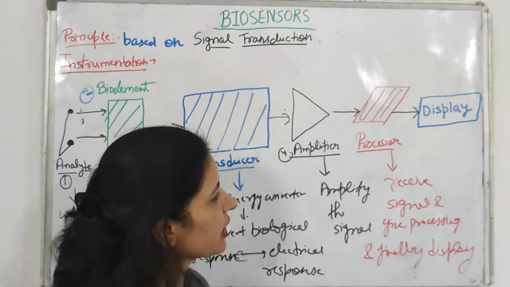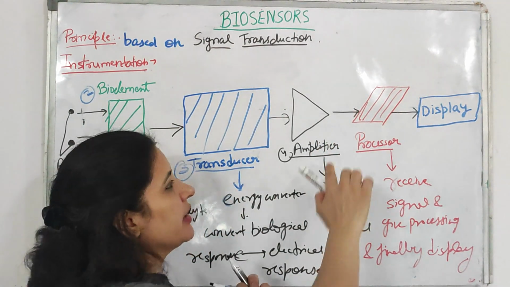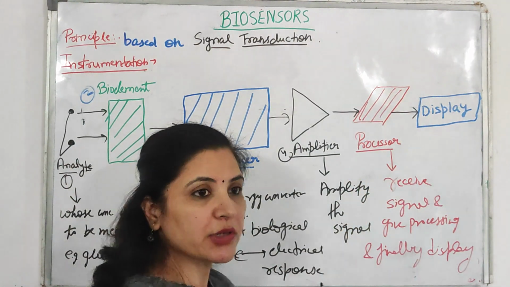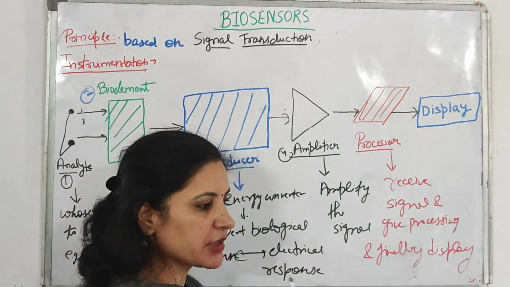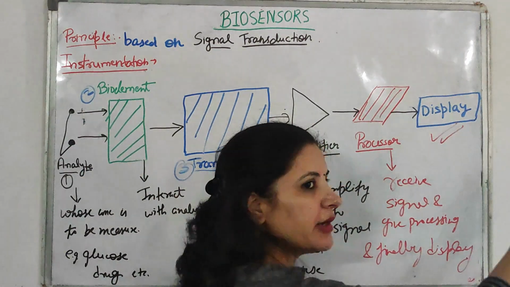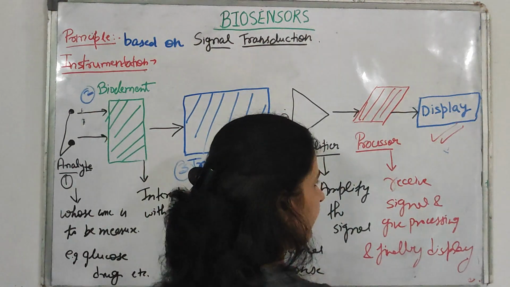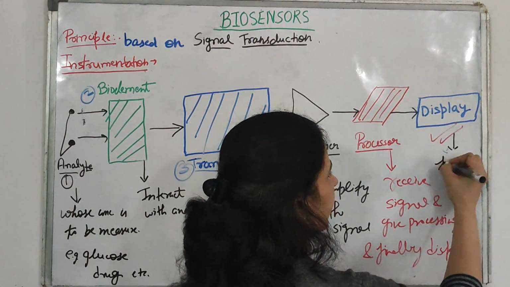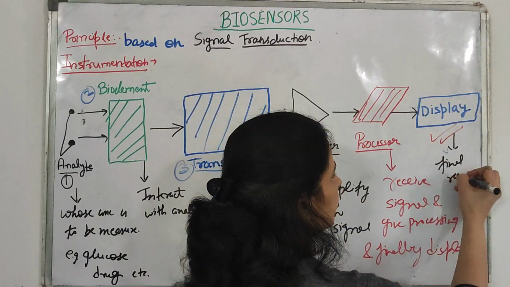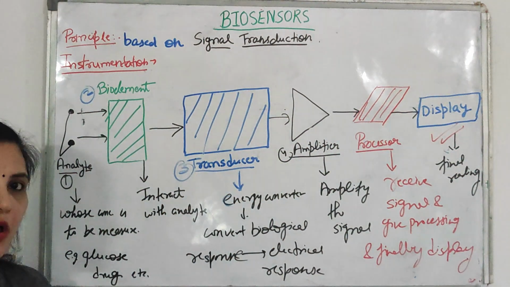It receives the electrical signal from the amplifier and processes that signal, and after processing it finally makes a signal that will be shown on your display, and from this display you finally get your final reading. So this is the whole instrumentation of your biosensor.